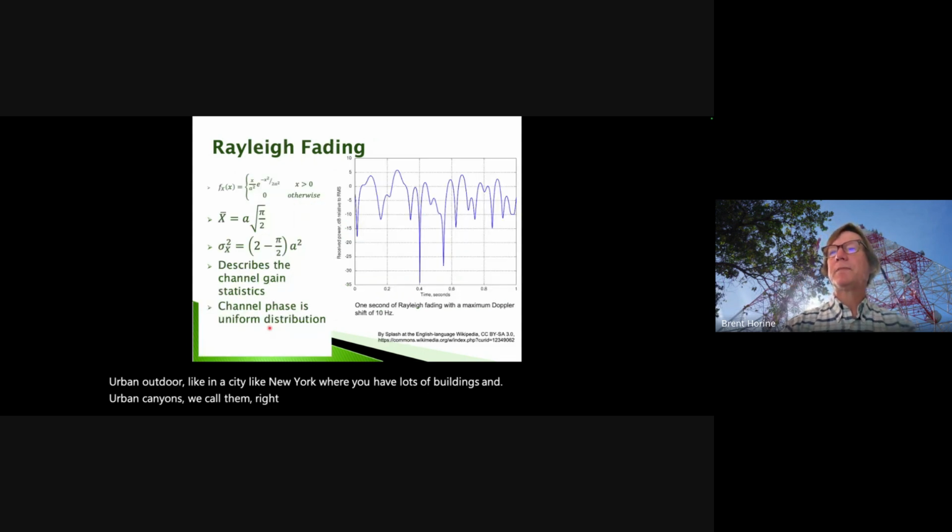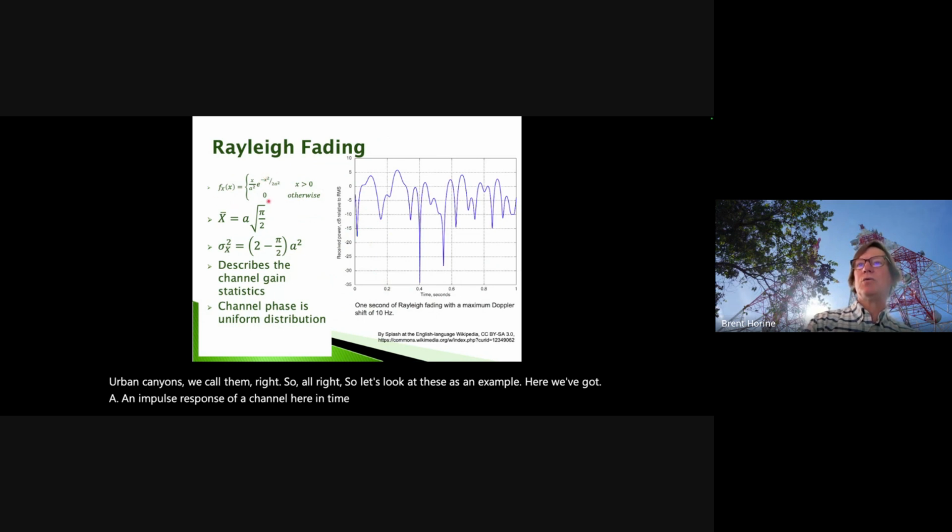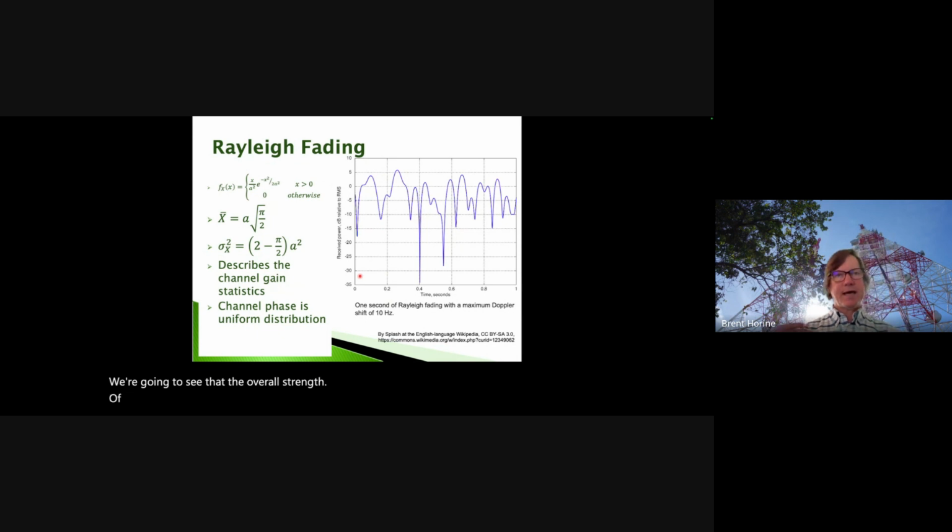All right, so let's look at these as an example. Here we've got an impulse response of a channel in time, and we're going to see that the overall strength of this signal at the receiver, which is again the superposition of all these different rays, is going to follow this Rayleigh distribution.